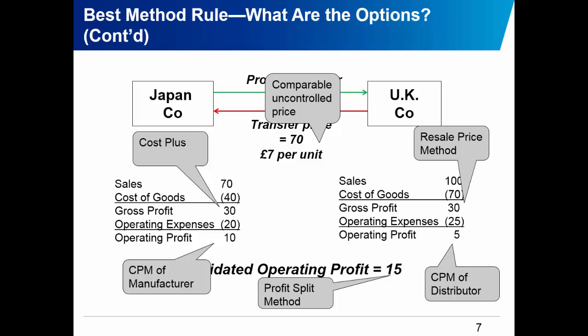There you will look more at the contributions of each party to the transaction at hand, at the value added they have, and then decide on an allocation of this global profit depending on the contributions. In the case at hand, as you can see, it has been decided to split 2/3 to Japan and 1/3 to the UK.